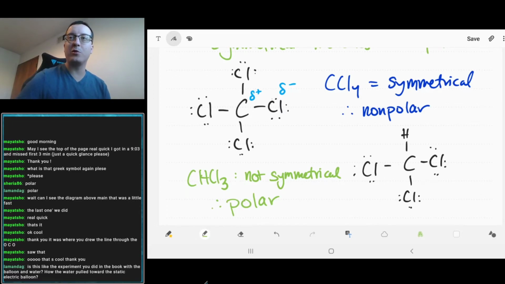And if we were to pour carbon tetrachloride, please don't, it's horribly, horribly toxic, but if you were to pour it and put the little source of electricity nearby, it's not going to be attracted towards it at all. So you're going to see, Lamonda, that's going to be one of the properties we have about polar things. But first, let's just do some more examples.